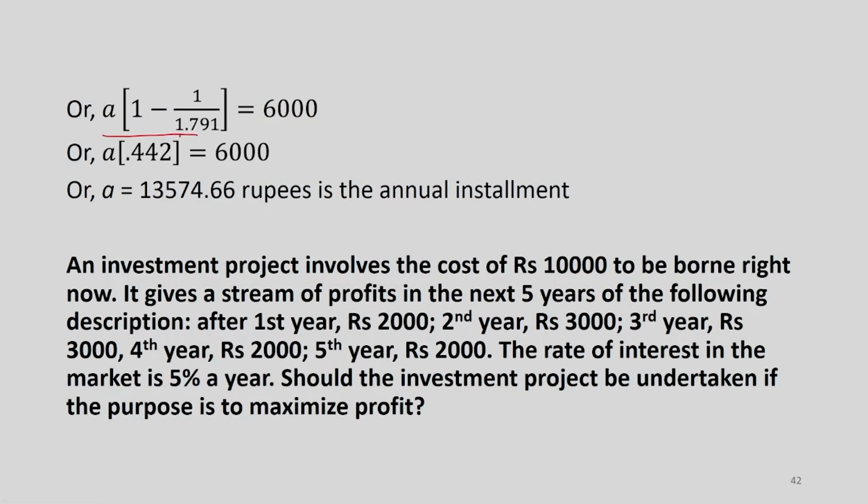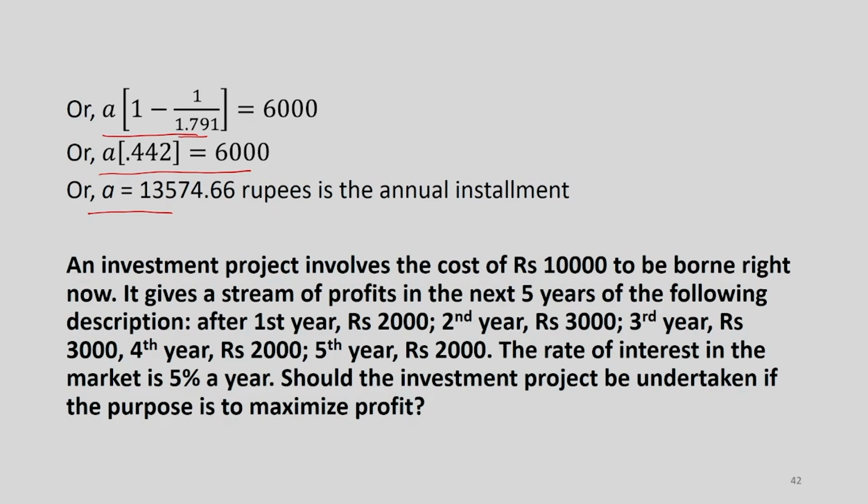Again, I am taking the approximate values, 3 decimal places, and so this turns out to be this, and in the next stage I get small a is equal to 13,574.66 rupees as the annual installment. Okay, so that is the answer.